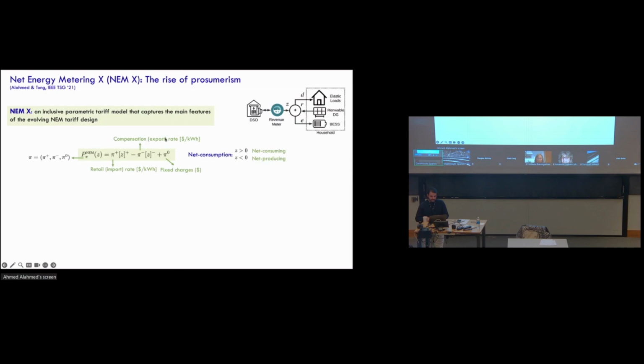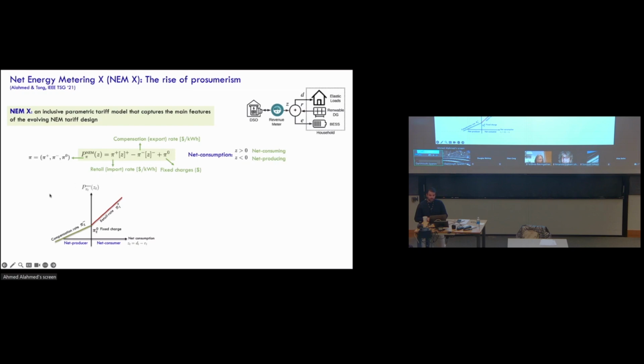So net consumption is given by Z. If Z is greater than 0, then you are net consuming, which means that you are importing power from the utility. If Z is negative, then you are actually exporting to the utility, so you are a net producer. So this is how the payment function looks. It's a piecewise affine function. When Z is positive, you pay the retail rate.